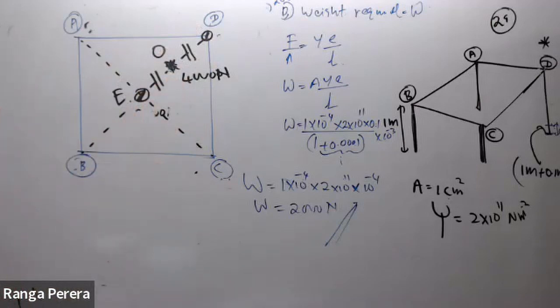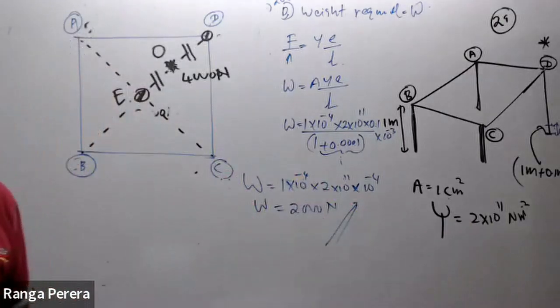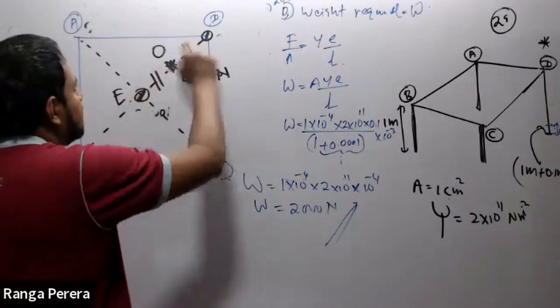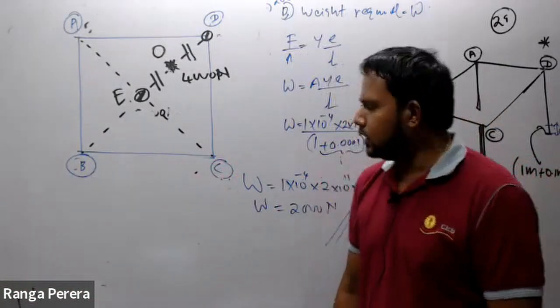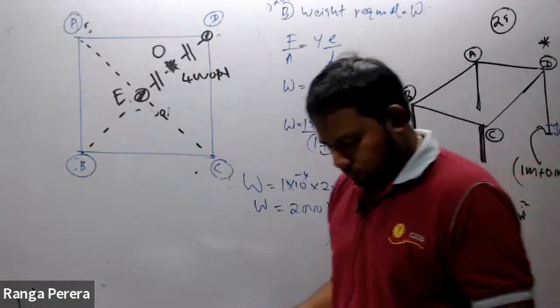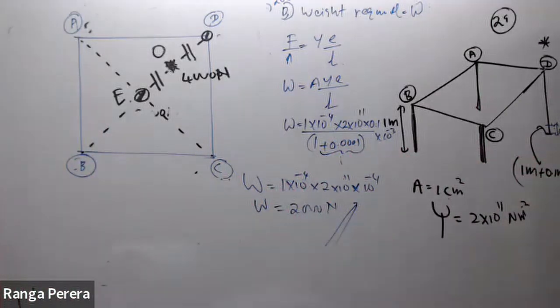Just write under this: Therefore, the weight of 4000 Newton should be placed, or should be kept, at the center of DE.